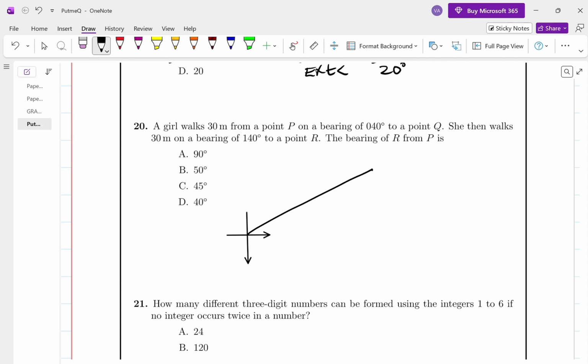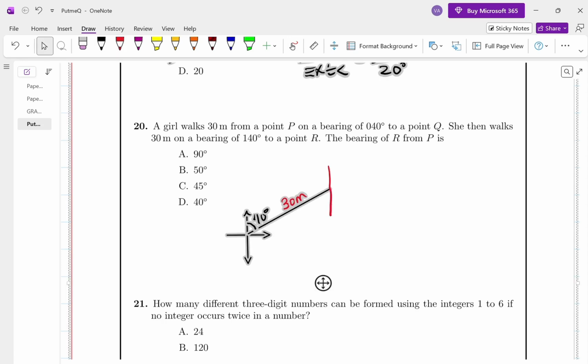I think that's even very long. Can you behave? Okay, so the angle here is 40 degrees because it says 40, so this is 30 meters. All right, so a point Q, so I'm going to put Q somewhere here. So this is our Q.